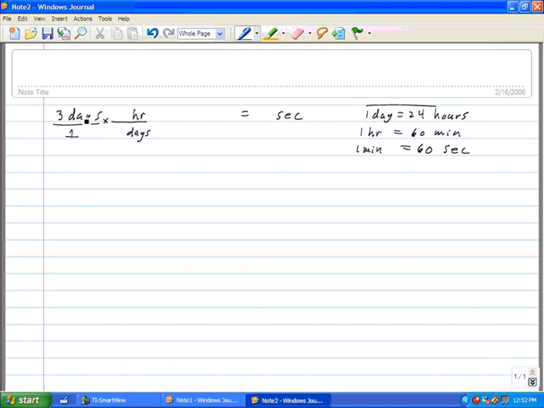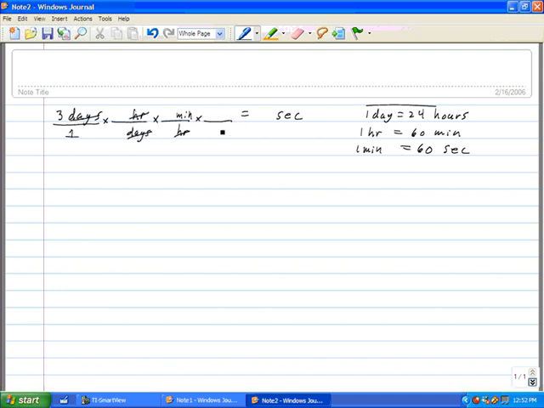So we can actually go ahead and think about what's going to happen with the units. We can see that the days will cancel days. Well, now in hours, we're ready to move on. Hours on top, it needs to cancel, so I'll put it on the bottom. The unit we can go to from hours is minutes, so I'll put minutes on top. We see that hours cancel hours. Now I'm in minutes. Last step.